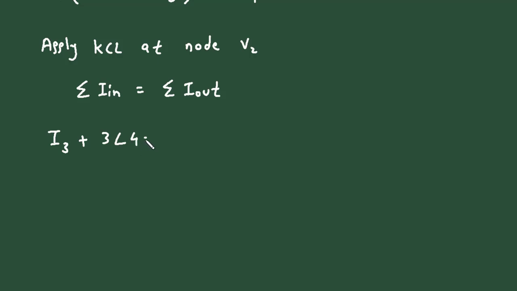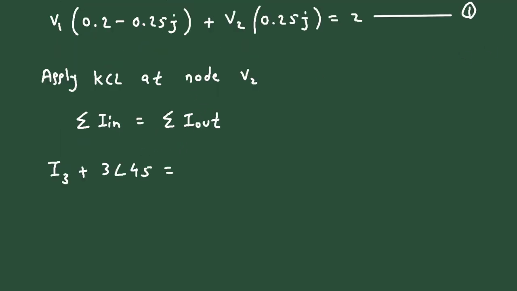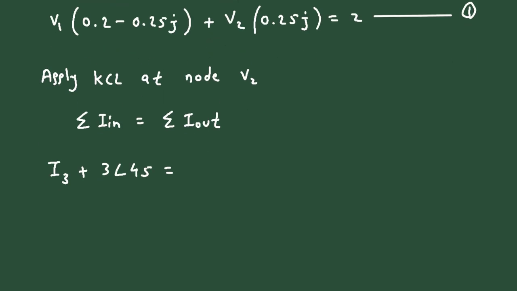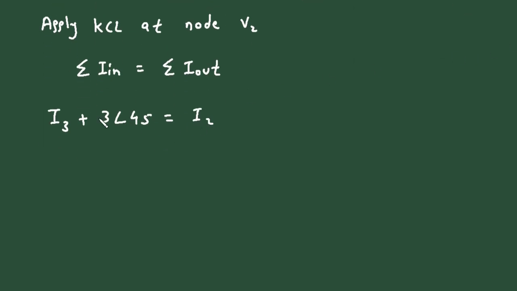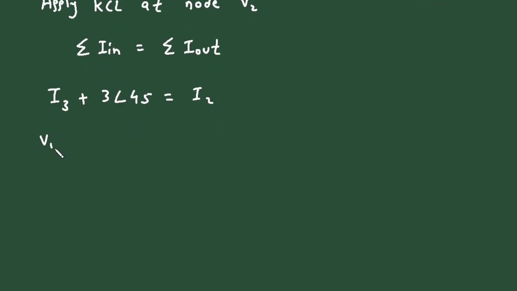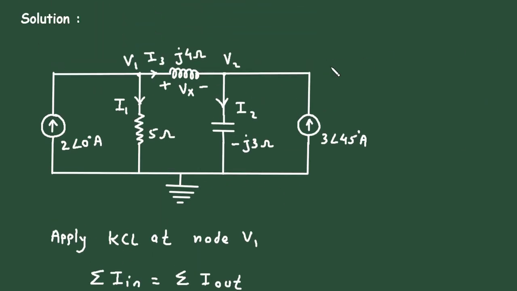It is equal to, now leaving current, here we can see leaving current is I2. Now, let's write this I3 in voltage form. So, I3 will be V1 minus V2 divided by J4 plus 3 at an angle 45 is equal to, now let's write this I2 in voltage form.